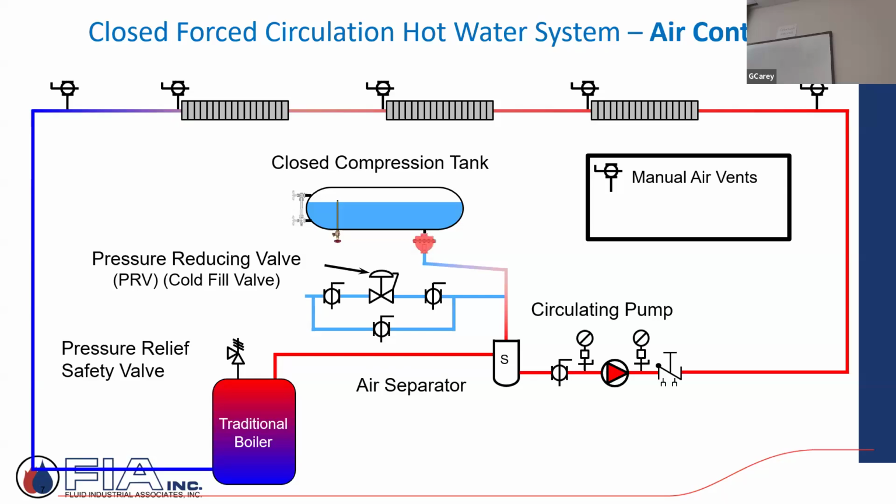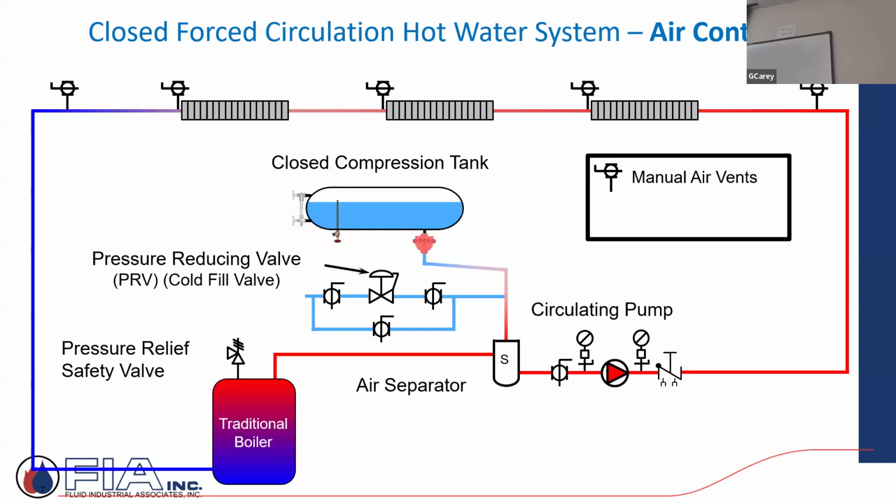The big takeaway, just to understand it historically, is that the only vents they had in the system were manually operated. There were no automatic air vents, because they didn't want to eliminate the air. They wanted to control it. They wanted to use their air separator, and any air they could catch, they would direct up to this steel compression tank.